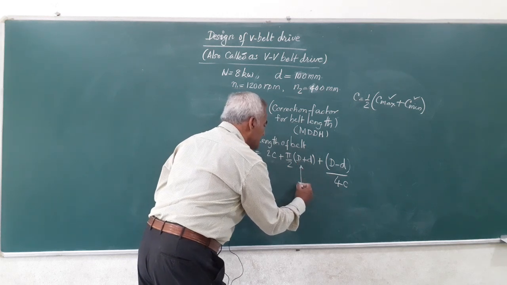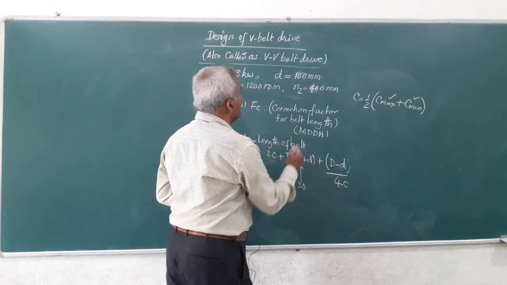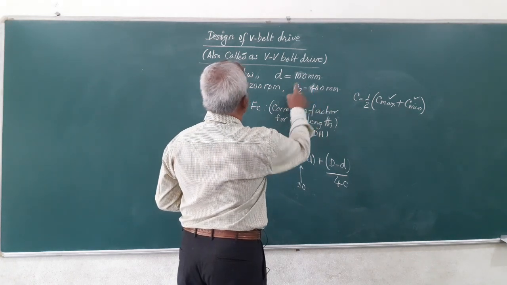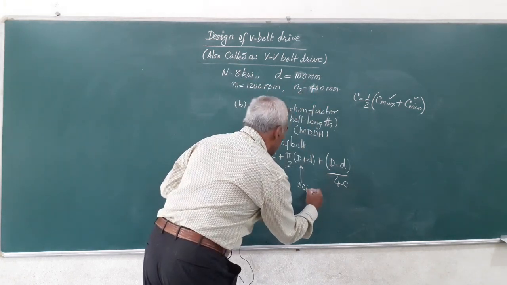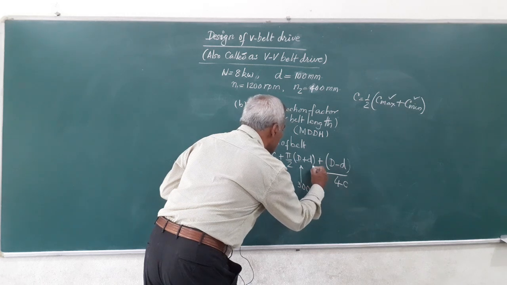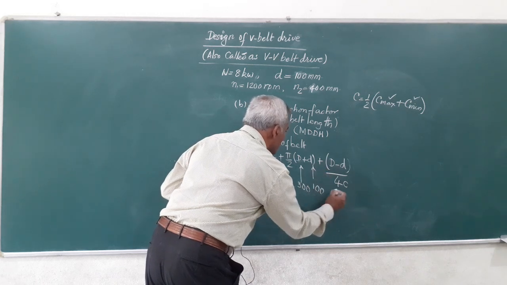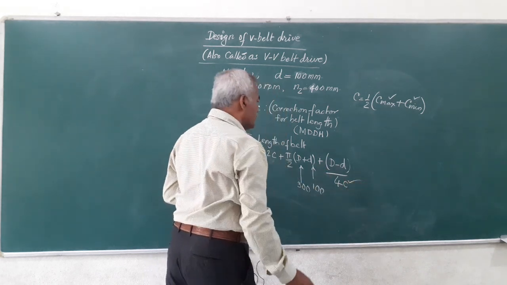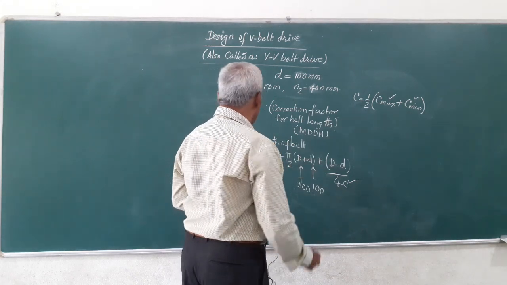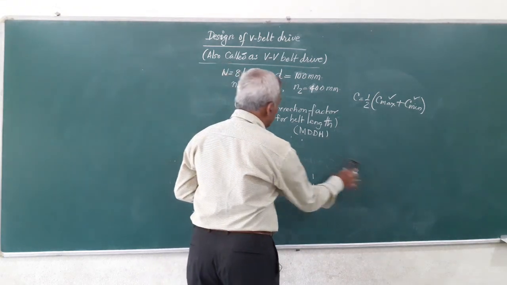We know this is 3 times 100, that is 300 mm. Small d is 100 mm. The value of C is given, or you can calculate using this formula. So you will get the length of belt.